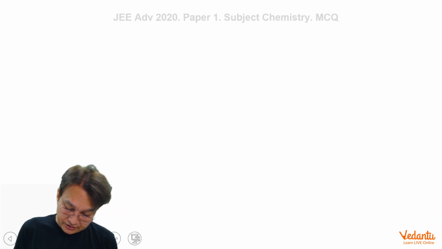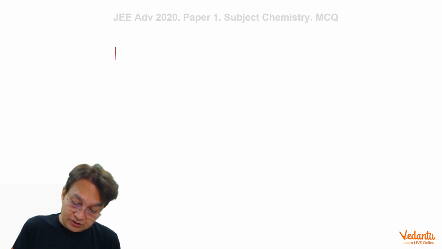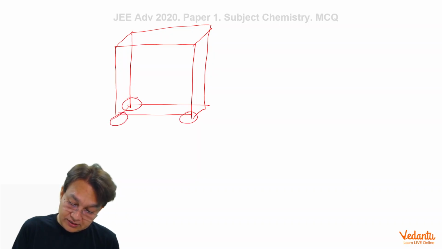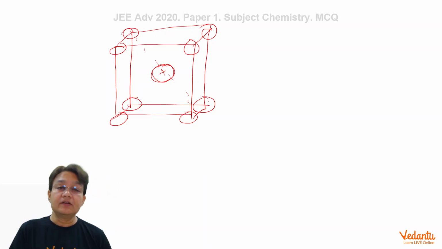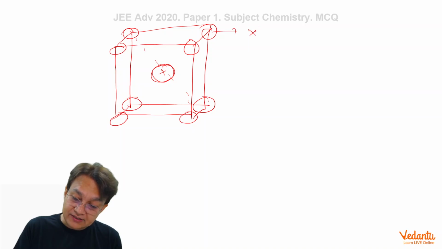The problem is now related to the simple cubic unit lattice, and let me show you. If this is a cube and in this cube all the corner atoms are negative anions, and in the body center there is a cation. So that is a simple cubic unit packing. The anion, which is X negative here, and the cation is M here.